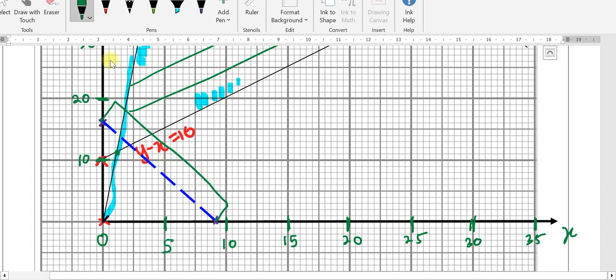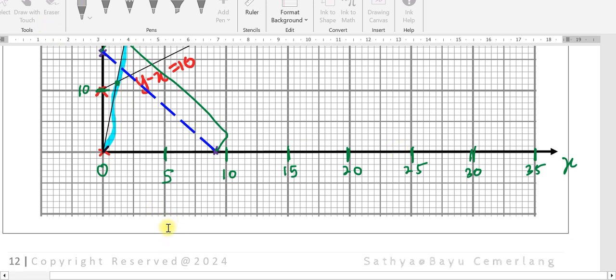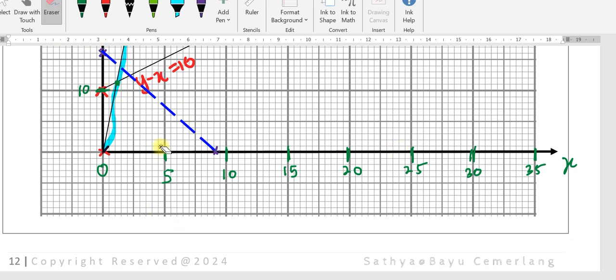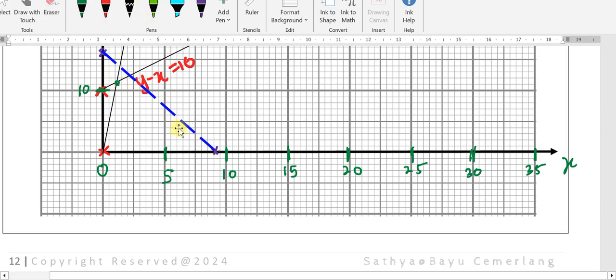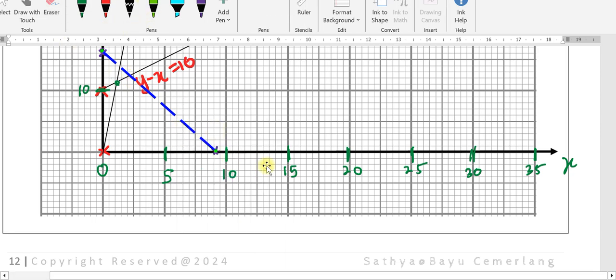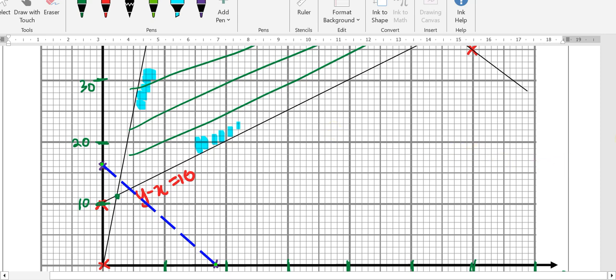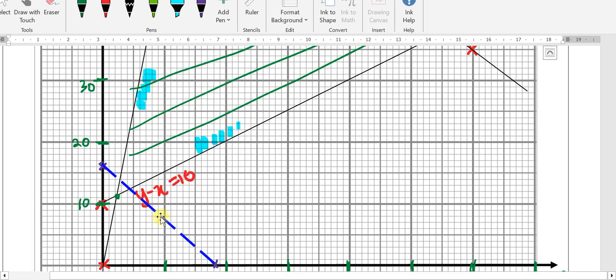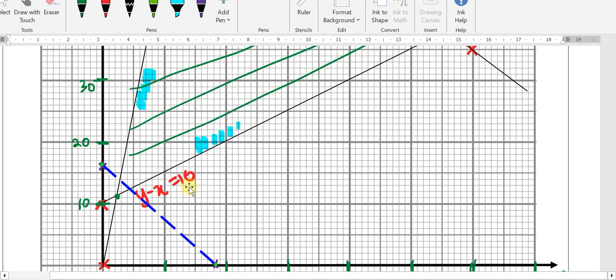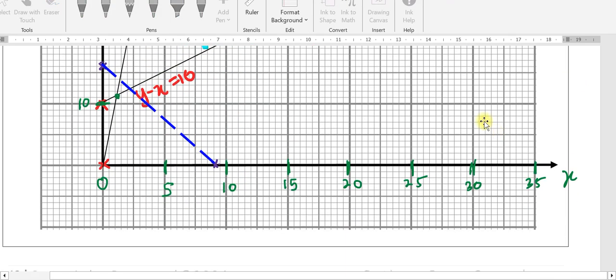Okay, so what you can do. Okay, wait. Let me erase this. Kejap. Okay, jom. Okay, sekarang tengok. So you need to label in all your vertices lah. Semua bucu kamu tu kena ada this dotted line. Okay.